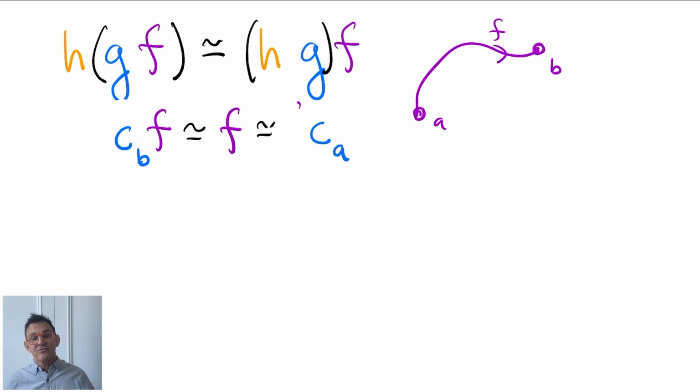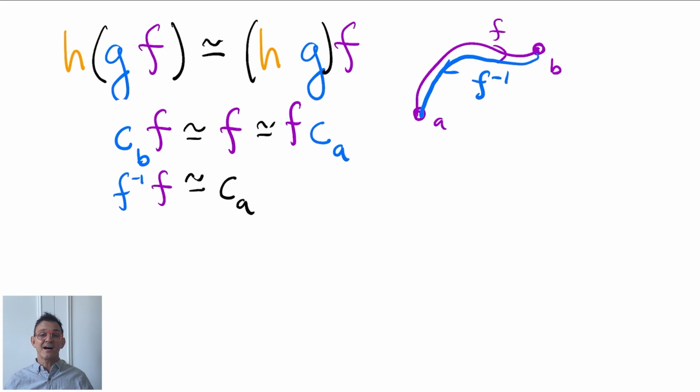And finally, for a path f from A to B, the inverse path, f inverse from B to A, serves as an inverse up to homotopy, meaning that f inverse concatenated with f is homotopic to the constant path at A, and f concatenated with f inverse is homotopic to the constant path at B.